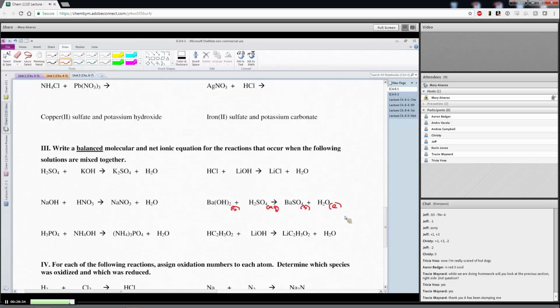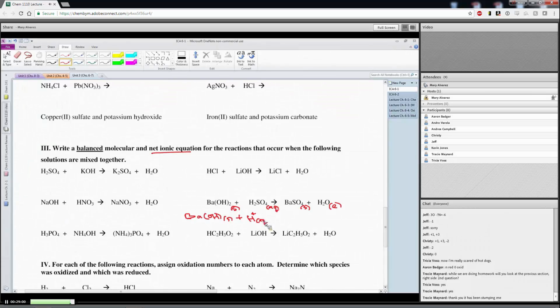And if I came to you to look at the net ionic equation, the net ionic equation says what changed, right? I would say everything changed. So the net ionic equation would probably look something like this. It would have my barium hydroxide, which was solid. And then this is aqueous, so it is ionic, so it does have individual ions.